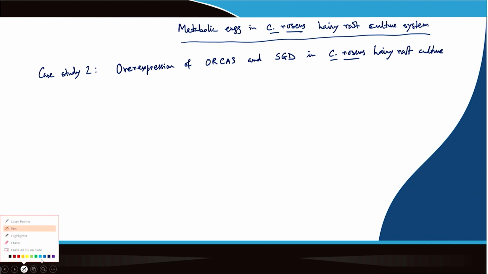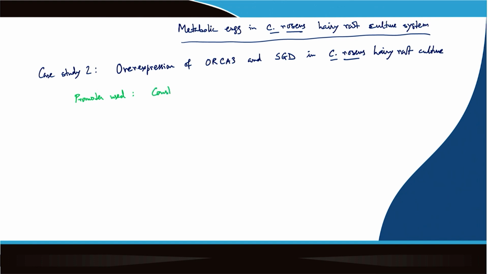They have used the inducible promoter, which is called the glucocorticoid inducible promoter, so I will mention here promoter used. Normally the promoter that is used is cauliflower mosaic virus 35S promoter. One is constitutive, example is cauliflower mosaic virus 35S promoter, but here this was not used.